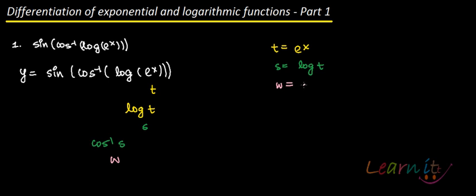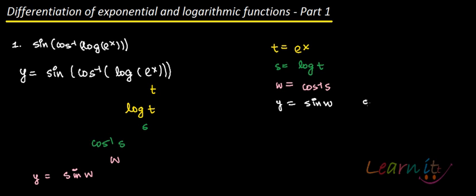So w is equal to cos of inverse s, and this entire thing will become sine of w. Okay, so this is y equals sine of w. So it is y equals sine of w.